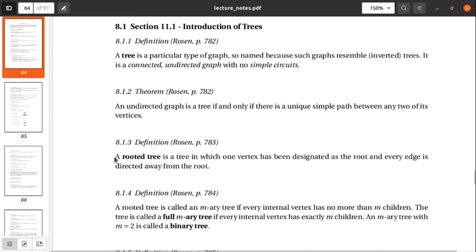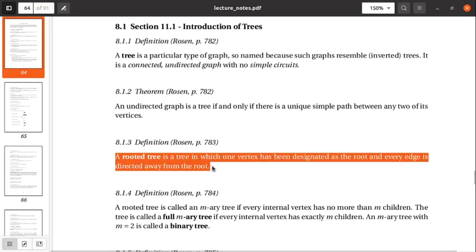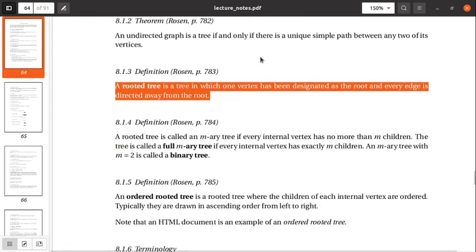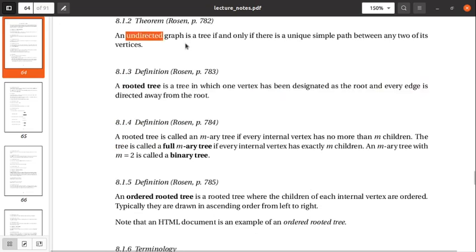Okay, so back to definitions. A rooted tree is a tree in which one vertex has been designated as the root and every edge is directed away from the root. Okay, so here we have this theorem that tells us how some general undirected graph might satisfy this property, right? That there's a unique simple path between any two of its vertices.